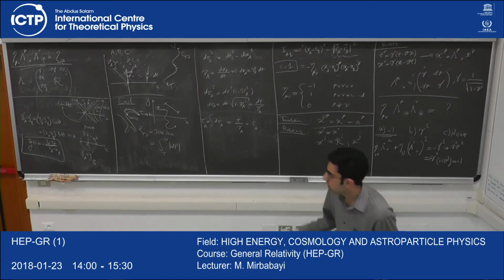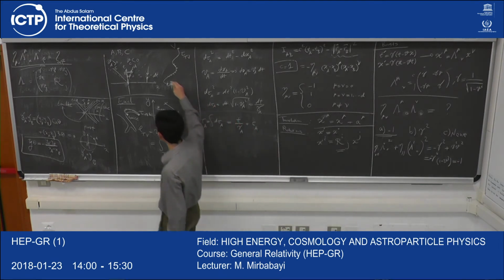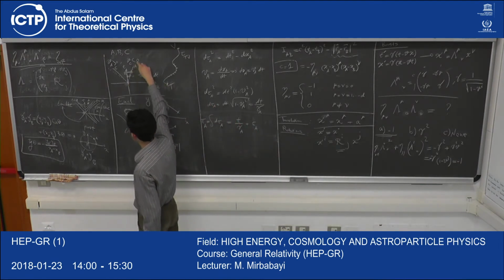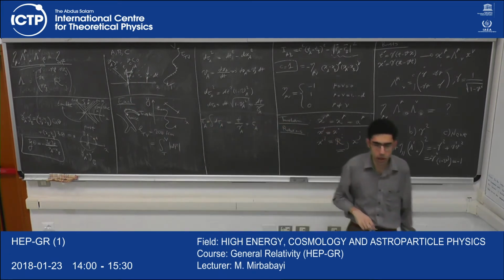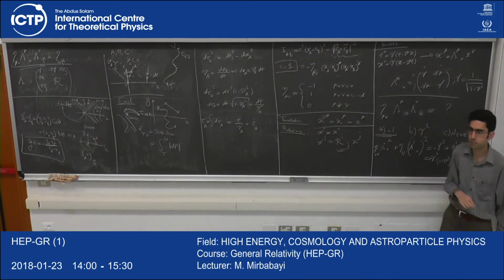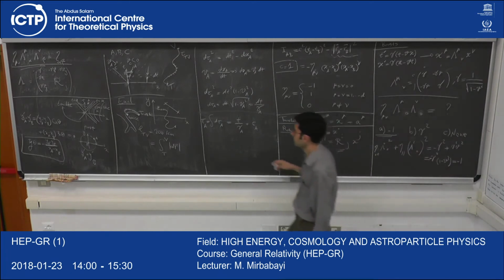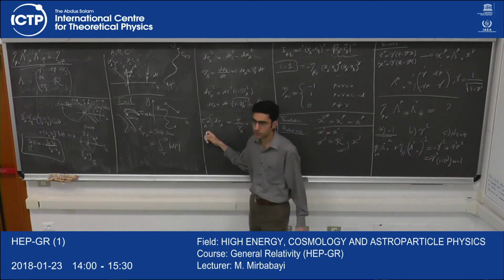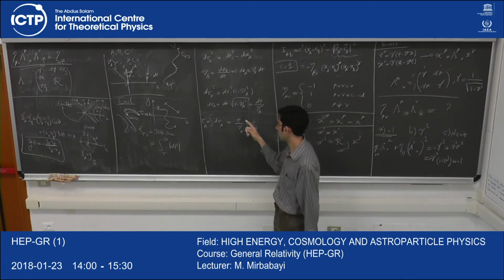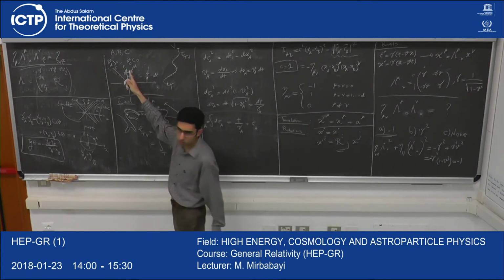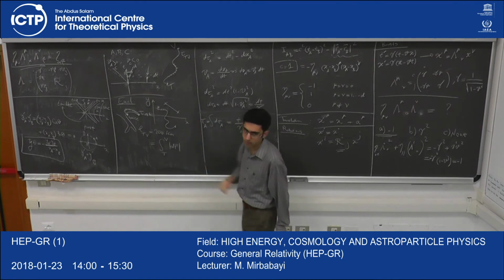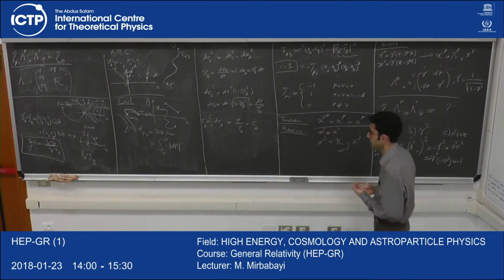So for these time-like observers, this invariant length of the curve that I calculated in this way is the proper time. This is the relation between the proper time of Alice and the coordinate time t, which happens to be the proper time of Bob.